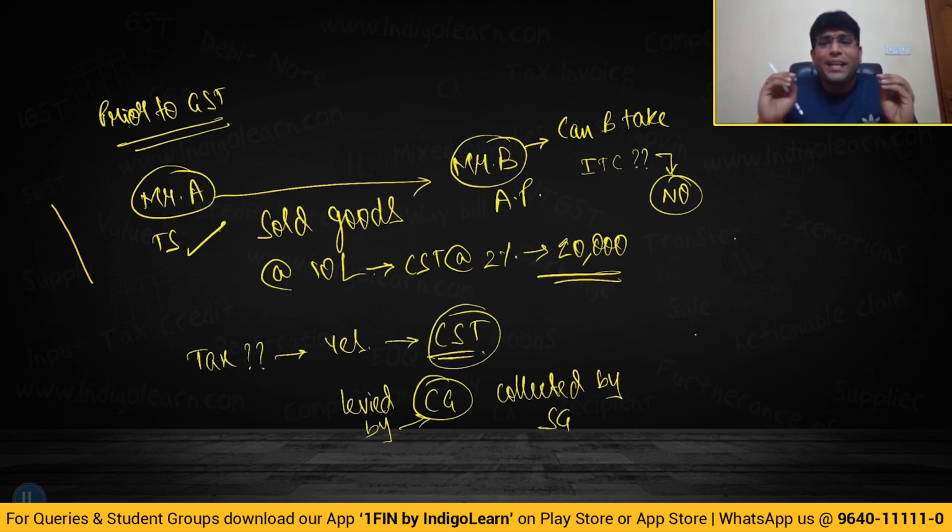And now, to break that ice, government had to take too much effort to bring GST into India. A lot of manufacturing states in India refused to bring GST because they definitely will lose that revenue. You might ask me, why would the manufacturing state lose? The manufacturing state will lose because GST is a destination-based consumption tax.